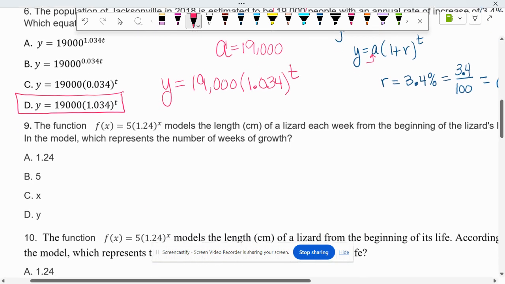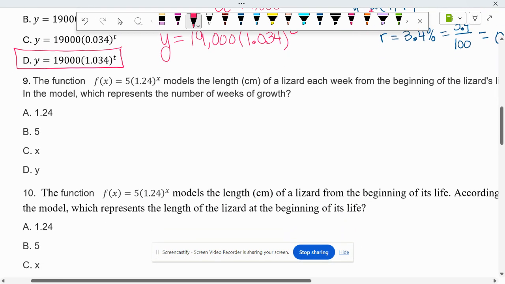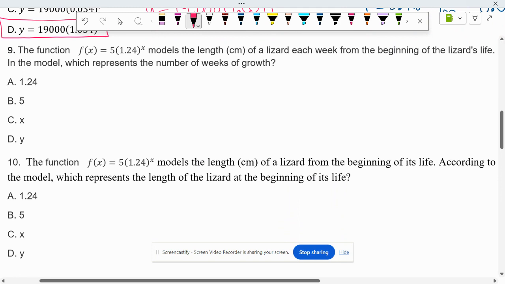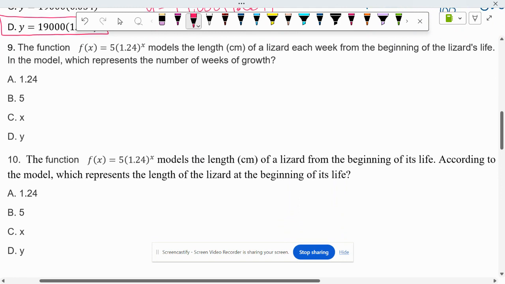All right. Number 9, the function f of x equals 5 times 1.24 to the x models the length in centimeters of a lizard each week from the beginning of the lizard's life.